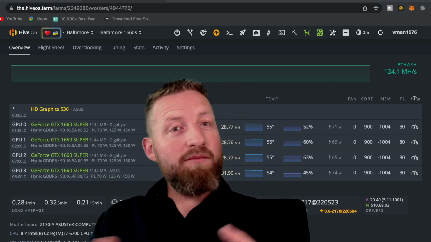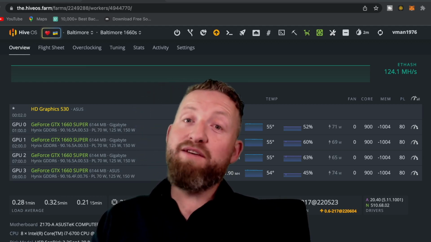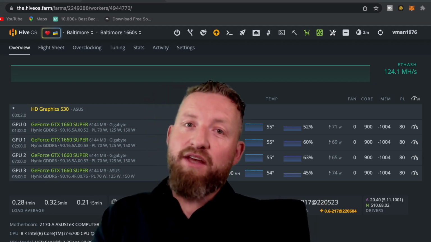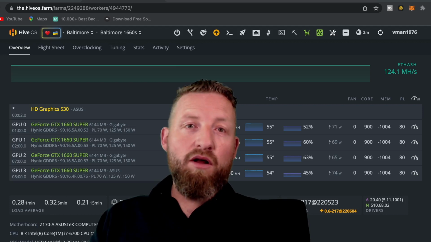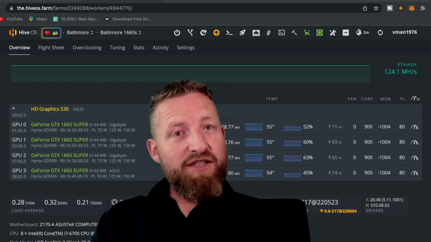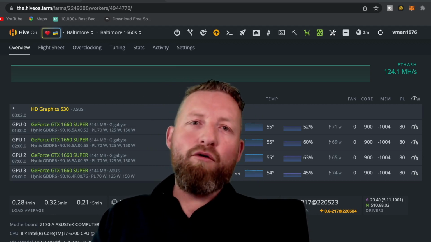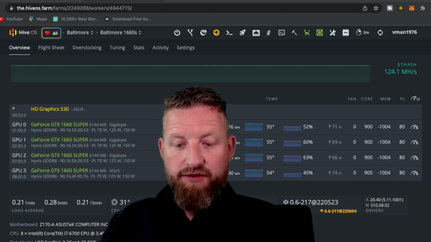Others think we might be in for a crypto winter. So depending on where you live and the cost of electricity, in the US they say they get a much cheaper electricity rate than where I live. I live on an island, so we have a very different arrangement, and I have to be very conscious of power cost. So let's get into changing these settings.